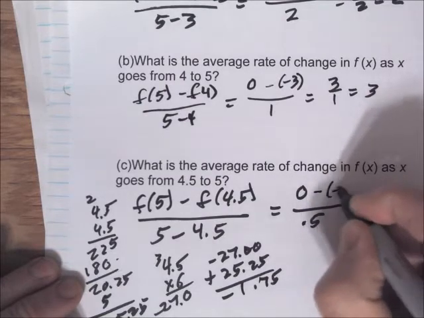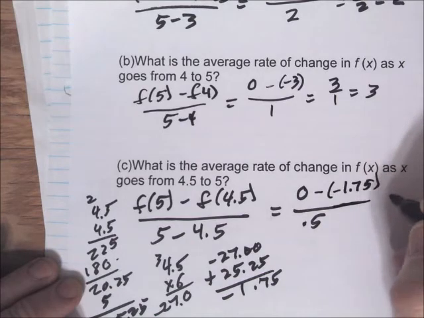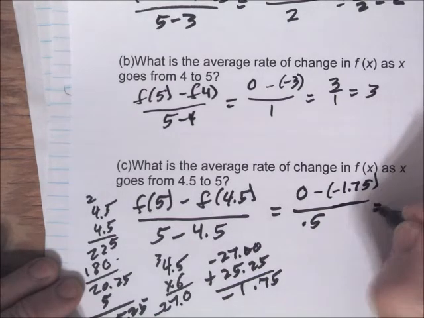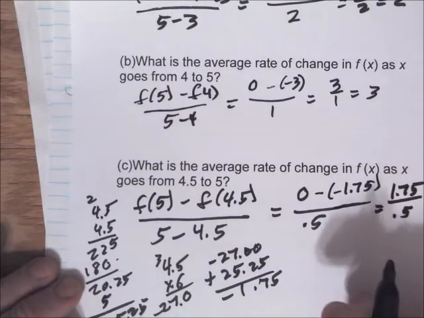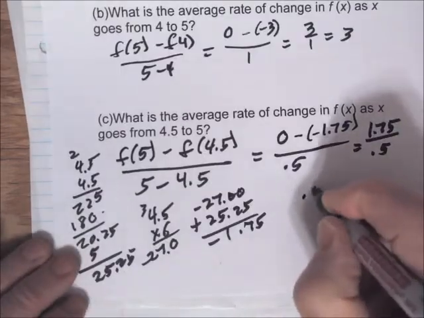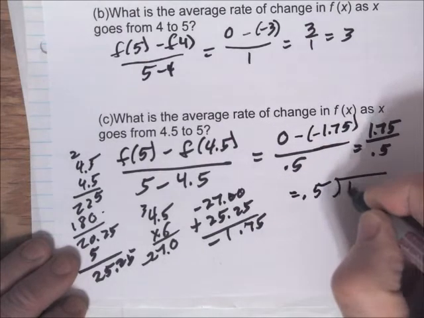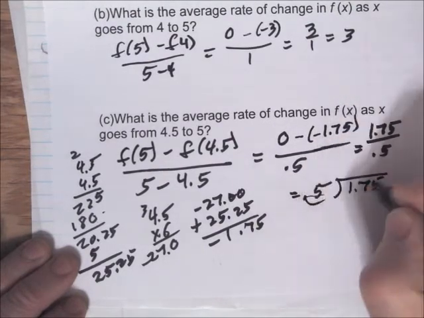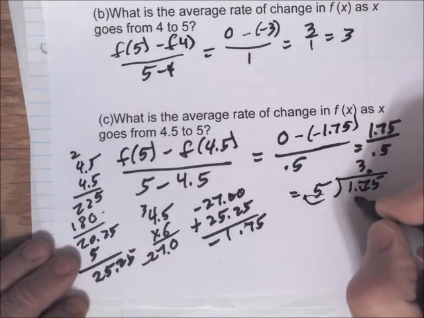So we have 0 minus negative 1.75. Okay, so a double negative is positive. So this is going to be 1.75 divided by 0.5. And we can divide 0.5 into 1.75 by moving the decimal over one place. So it's going to be a little more than 3.